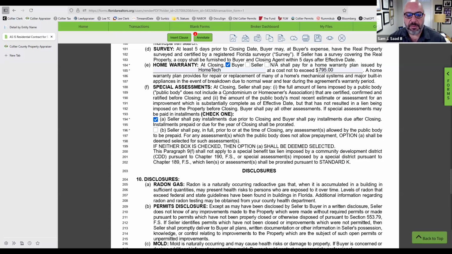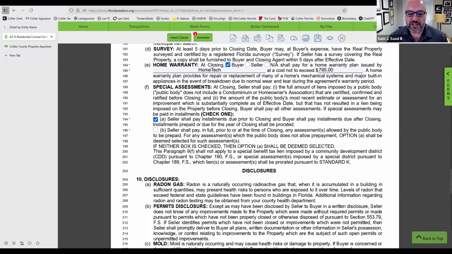Notice that this is for public body assessments. So in honor of my friend Mike, who's on the call today, we're going to talk about the Marco sewer assessment. That will be paid by the seller in installments and the buyer after. There's also, for example, in Naples, the Bembury assessment, the sewer assessments for the area north of the mall.